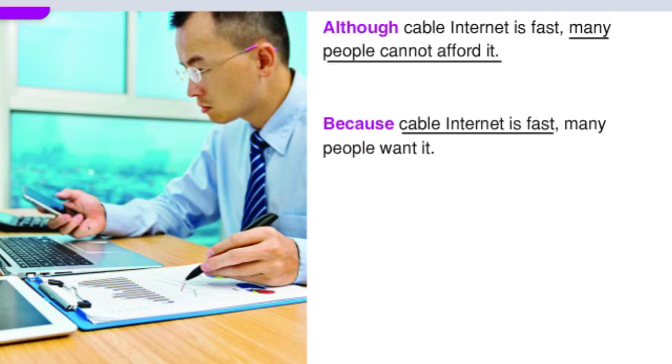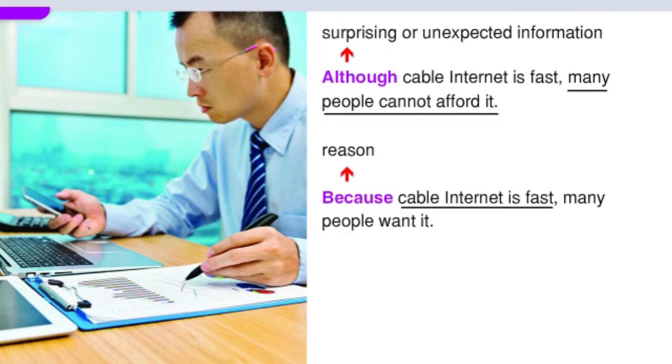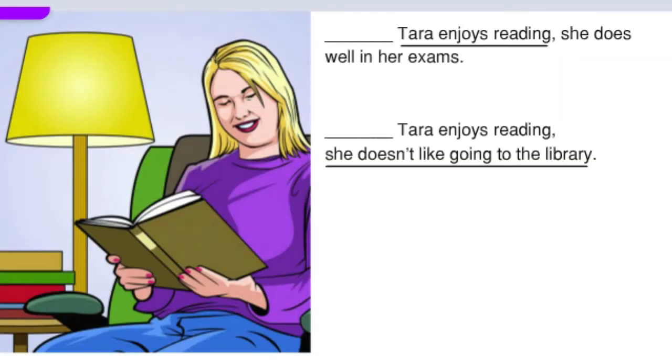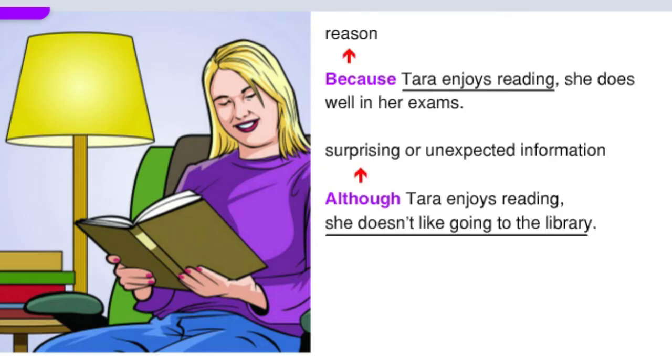Listen to the sentences. Although cable internet is fast, many people cannot afford it. Because cable internet is fast, many people want it. Because Tara enjoys reading, she does well in her exams. Although Tara enjoys reading, she doesn't like going to the library.